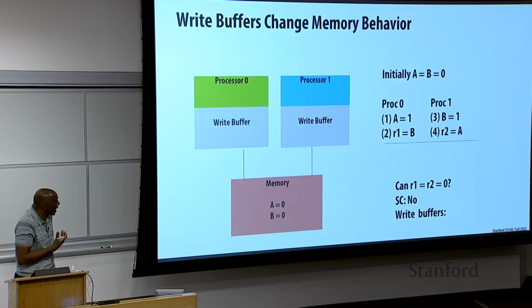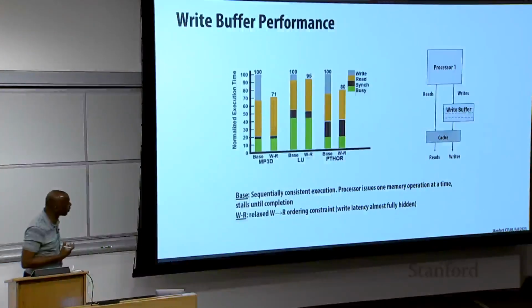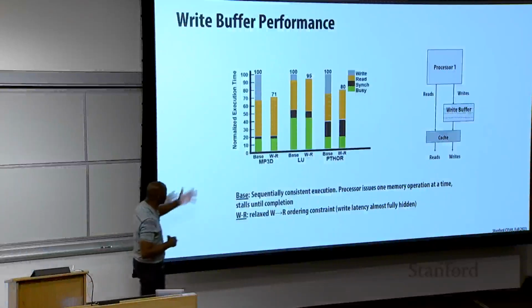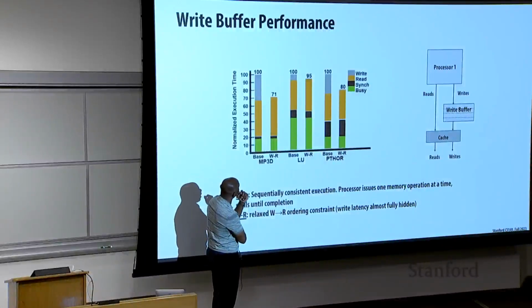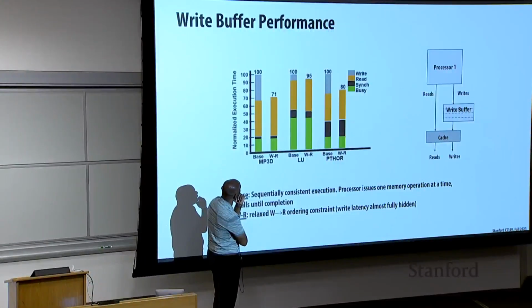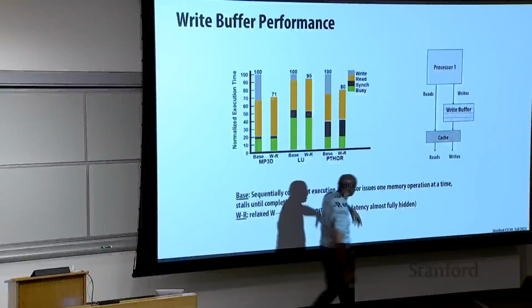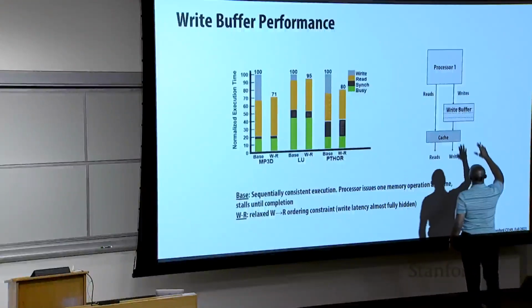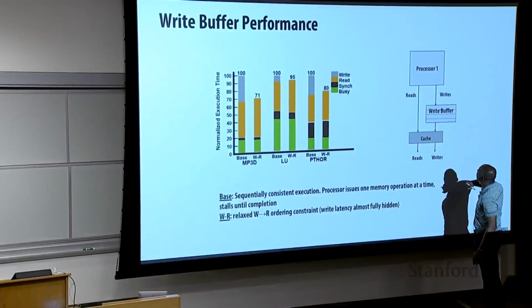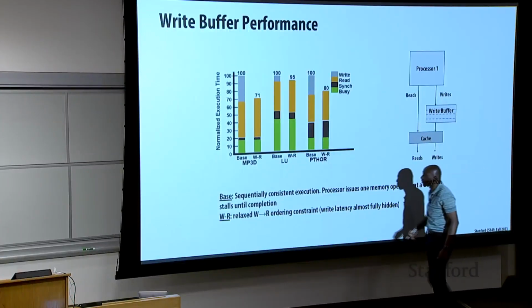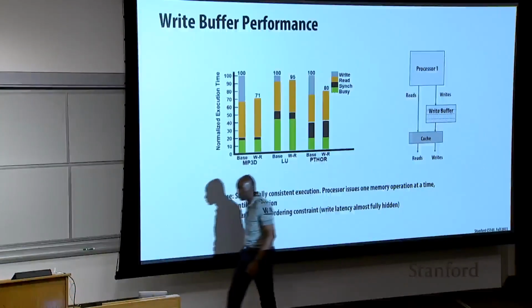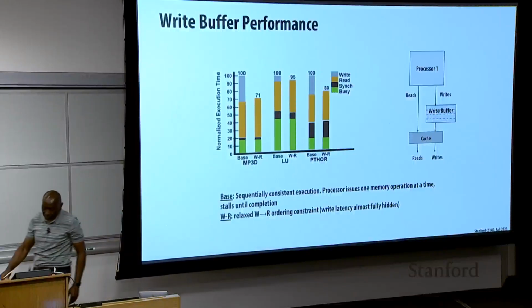It may not be obvious why this behavior should be allowed. The question is, okay, so I have a write buffer. We said the reason you want to reorder things is to improve performance. This just shows you a couple of examples where you can get a pretty substantial performance improvement by having a write buffer between the processor and the cache, or maybe on the other side of the cache, between the cache and the bus.